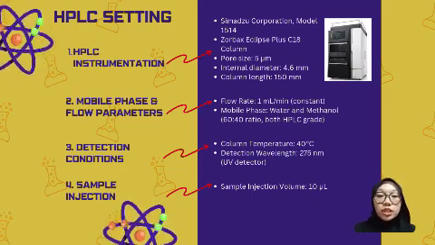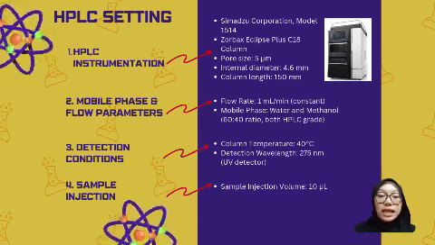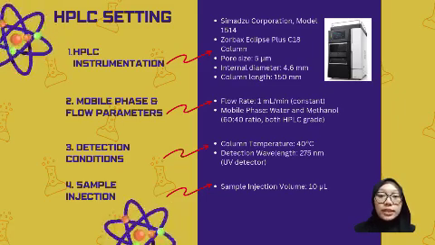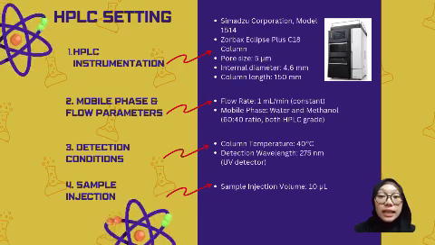We use a Shimadzu model 1514 HPLC system. The separation was performed on a Zorbax Eclipse Plus C18 column with a 5 micron particle size, 4.6 mm internal diameter, and 150 mm length. Secondly, mobile phase and flow parameter.